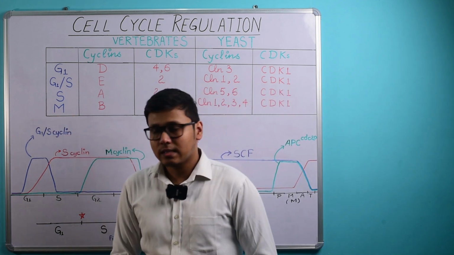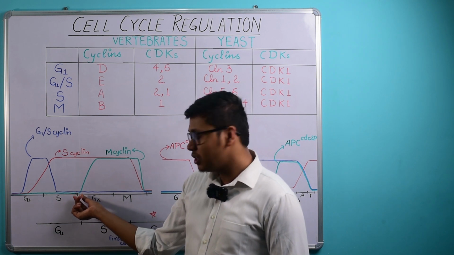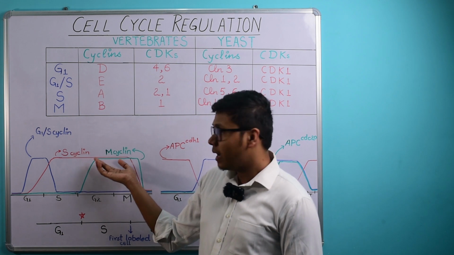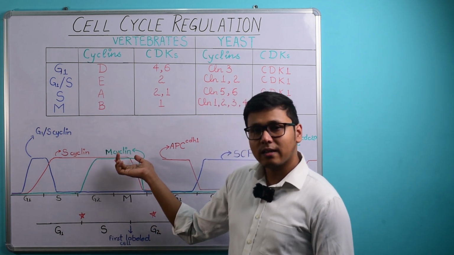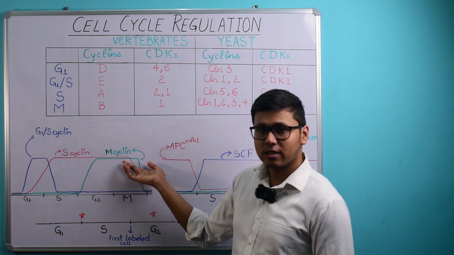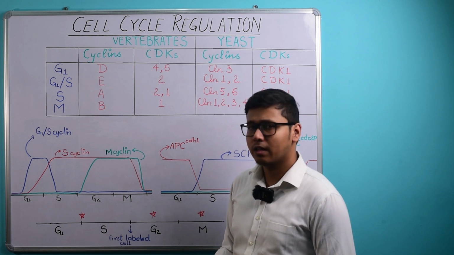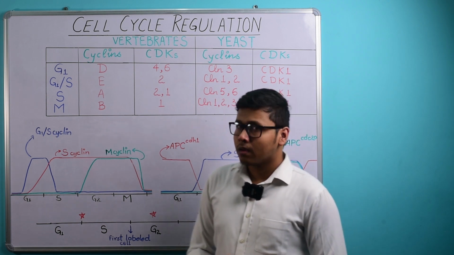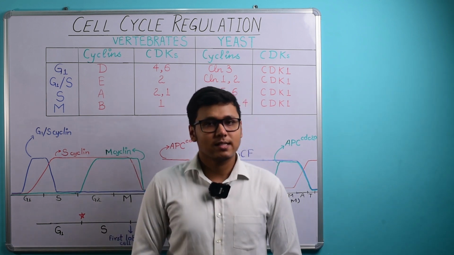The M phase cyclin's level starts growing in the G2 phase, and it helps in the transition from G2 to M, and then suddenly after the metaphase to anaphase transition its level goes down because of some APC proteins. We'll be seeing that later. So in this way the level of cyclins changes throughout the cell cycle.